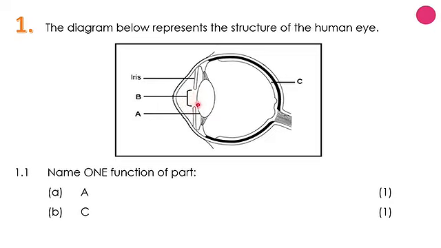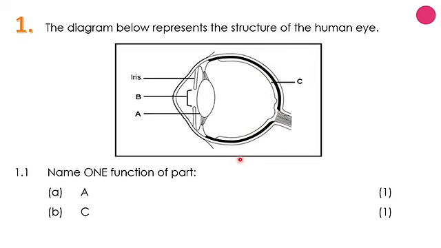You can see they point to this opening, which means that it is our pupil. A goes to this section, which is our lens. And C is pointed towards this back area of the eye, and the back area is then the retina.